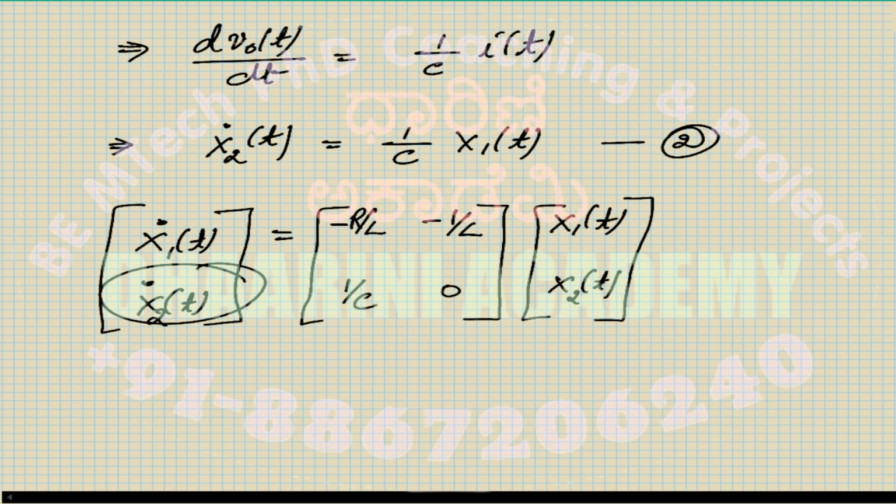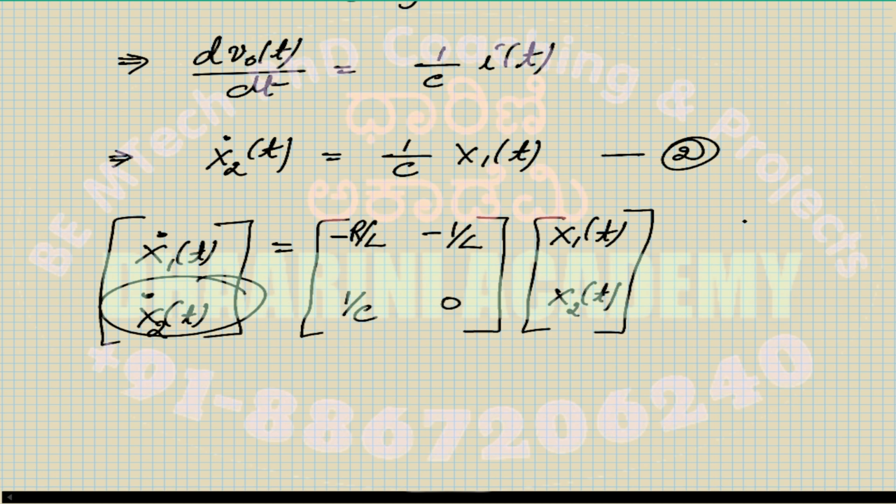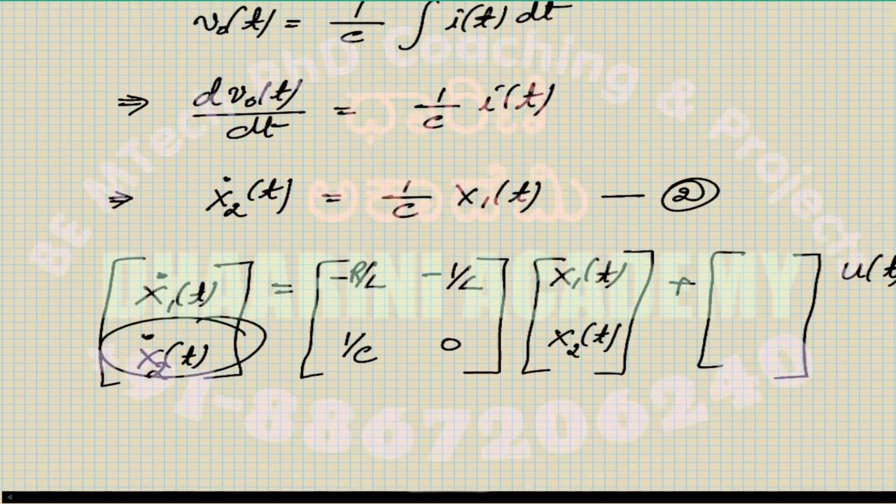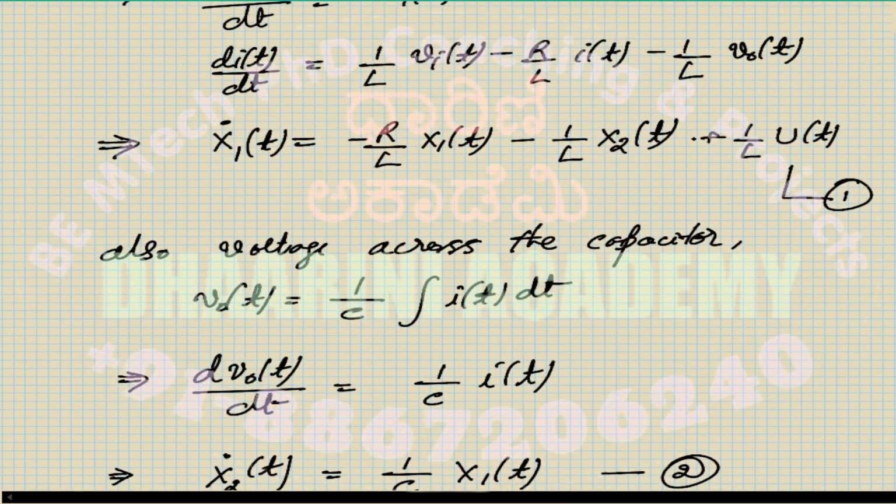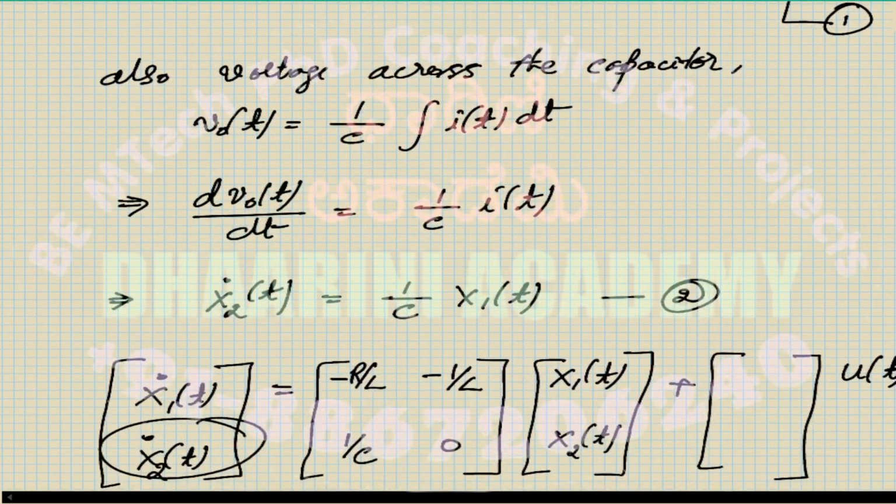Now I have to check whether I have plus the input part, correct? Because plus I can definitely write something into u of t. So I have to check, is there any u of t coming in? Yes, you see, for the first equation I have 1 by l into that. So only the first equation part will get 1 by l and the second equation becomes 0.